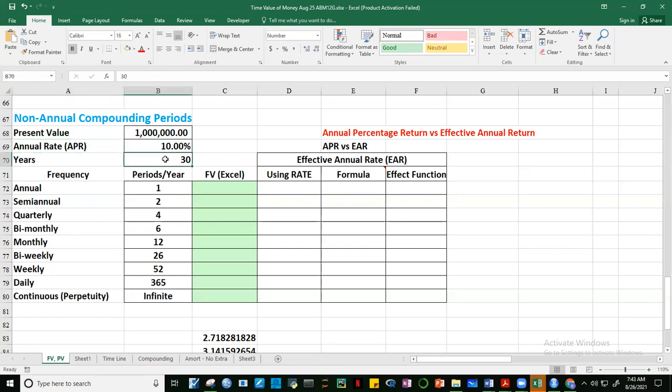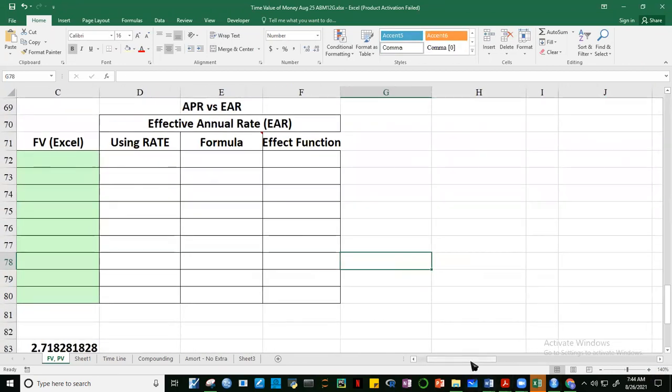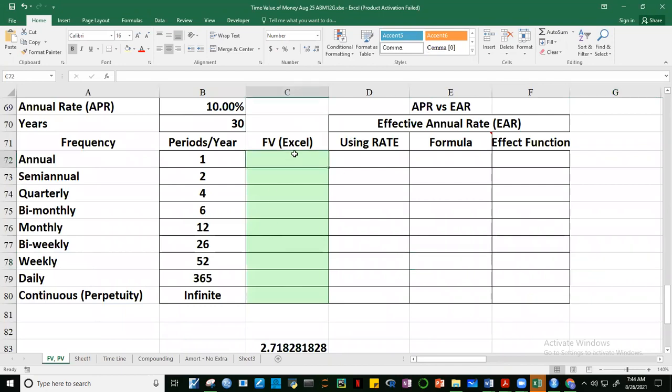Then we're given the periods by which we will compound the cash flow. Okay, so we have 1 million. If the frequency is 1 annual, ibig sabihin isang beses lang sa isang taon i-compute yung interest, then that's very easy to compute in Excel. We can use, so if we're being asked to compute for the future value, so this is negative FV.